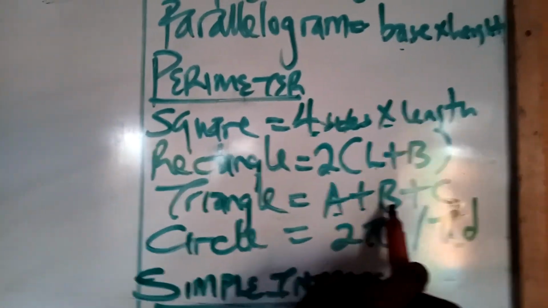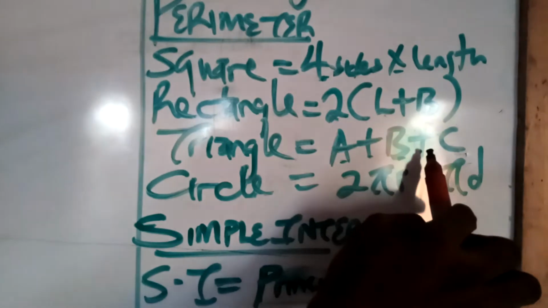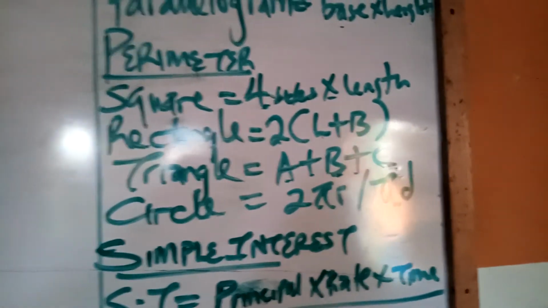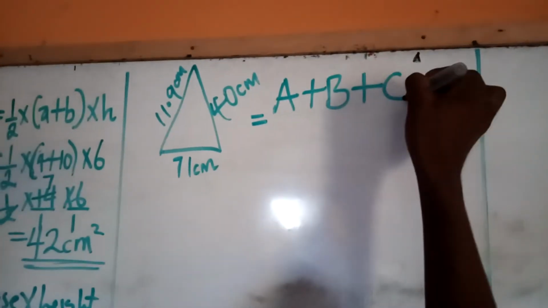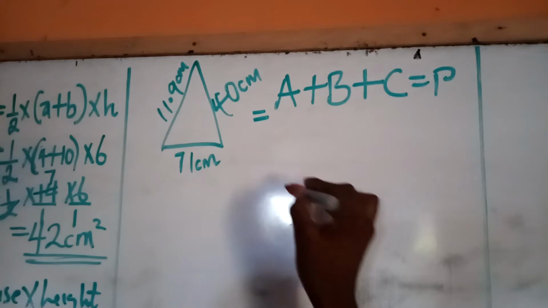The formula is our A, which represents one side, plus our B, the other side, plus our C, the third side. And we say A plus B plus C is equal to our perimeter.